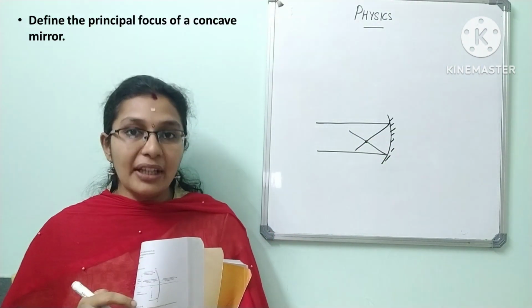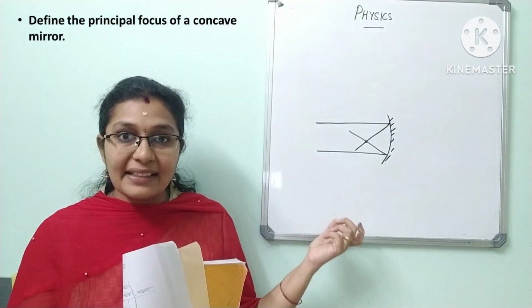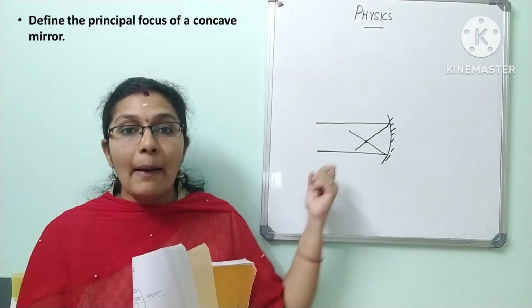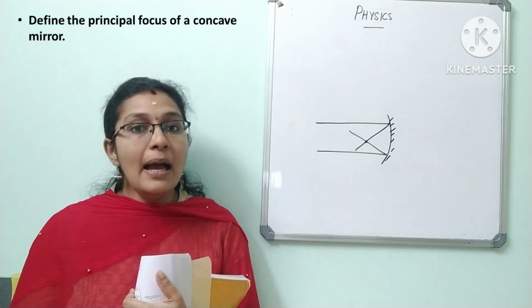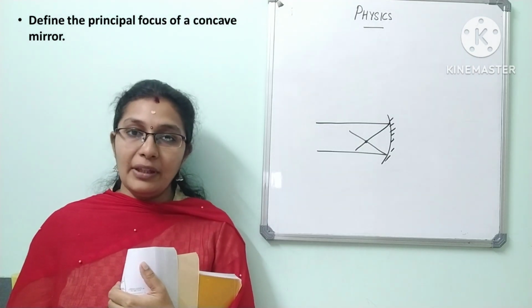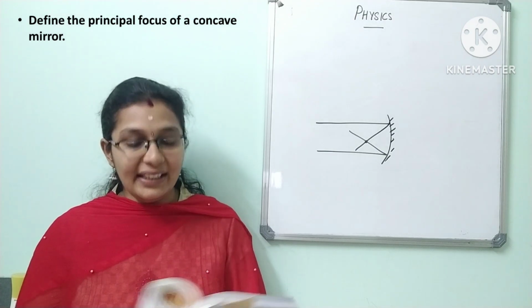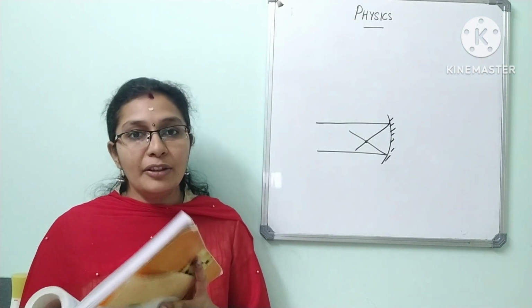So the definition you can write like this: the rays which are parallel to the principal axis, after reflection by the concave mirror, converge at a point, and that point is called the principal focus of the concave mirror. Converge at a point or meet at a point, anything you can say.